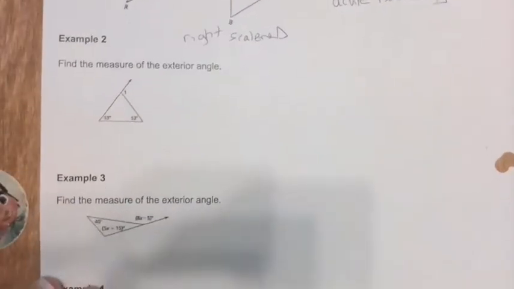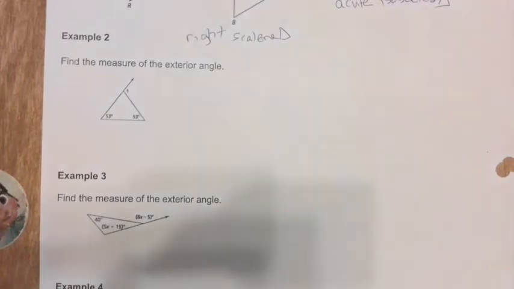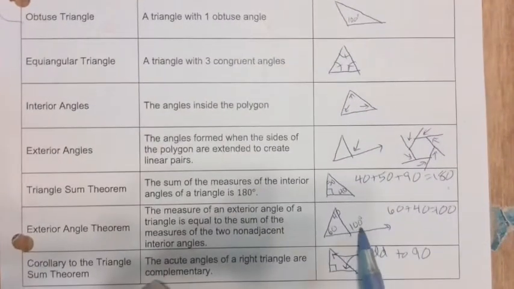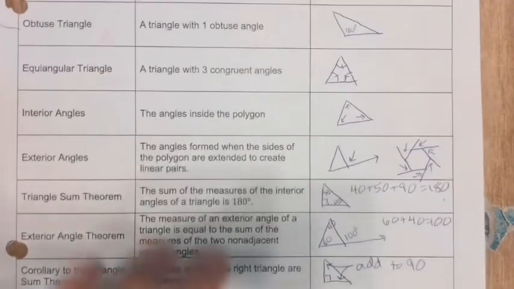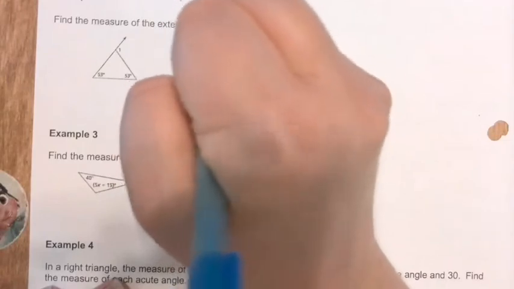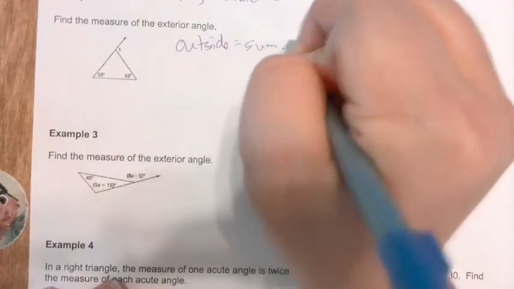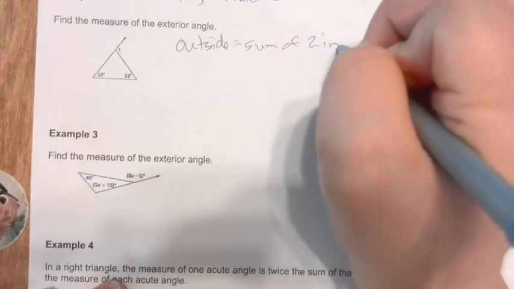Example 2, find the measure of the exterior angle. Exterior is the outside, and just like here, we said the outside was equal to the sum of the two inside. So the outside is equal to the sum of the two inside.